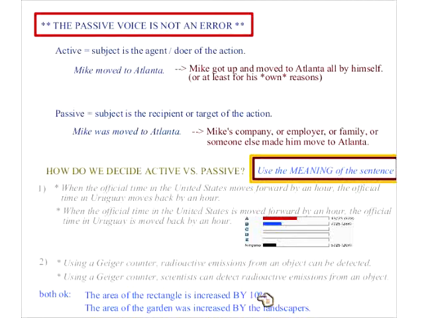So this needs to be the passive voice because the time doesn't just move itself. These are incorrect because it suggests that the time just gets up and moves on its own. That doesn't make sense, so that's not right.